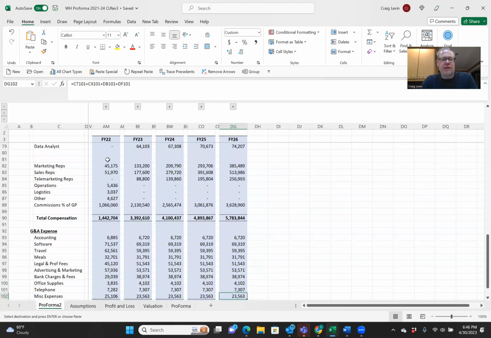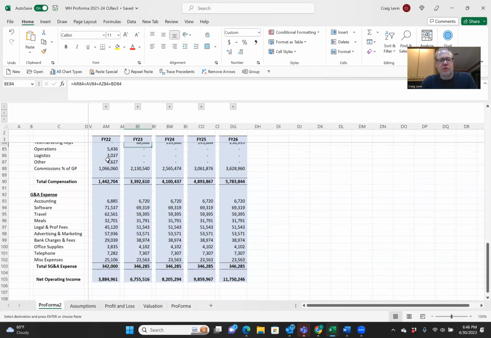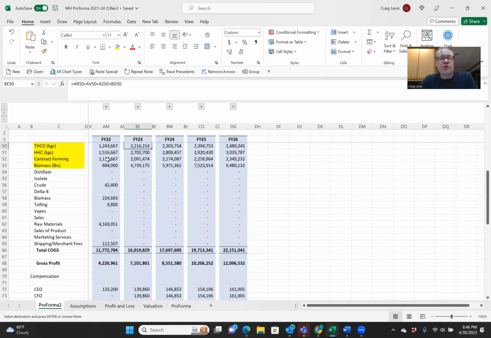Okay, here's our G&A expenses: accounting, software, travel, etc. And then lastly, our net operating income. Unfortunately, the client that I was doing this for is not going to reach 6.7 million in sales this year. So this should be adjusted down.